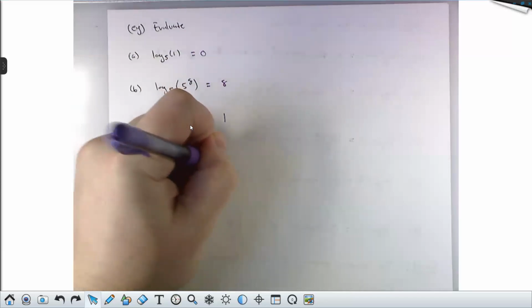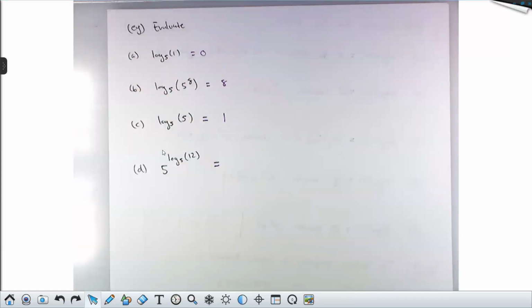All right, what about this weird one? What is 5 raised to the power of the base 5 log of 12? Yeah, this is a little trickier. So this is 12, yeah, very good. It's 12.